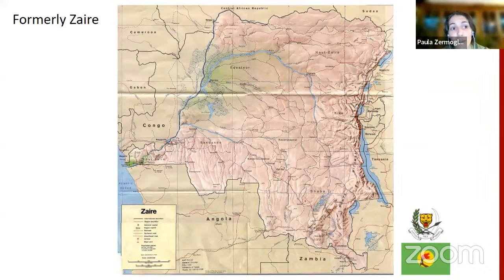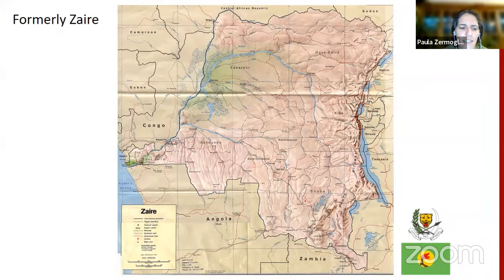Now, I was very little when I learned of this name, Zaire, and it changed to its current name when I was finishing my primary school. So when I got into secondary school, we had a whole year of African geography, and only then I learned that the country had changed its name.